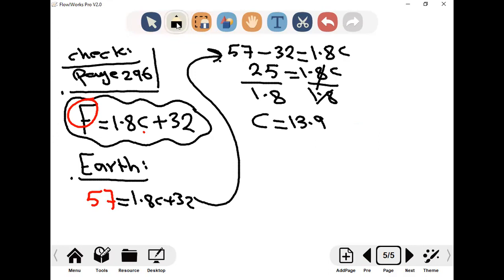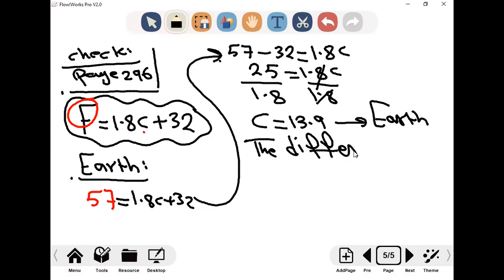This is for the Earth. Now we can find the difference between temperatures between Earth's average temperatures and Mars.